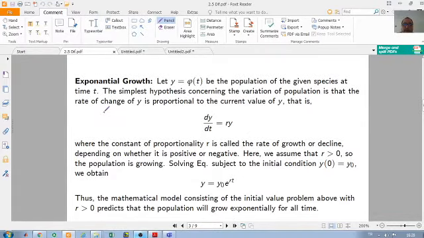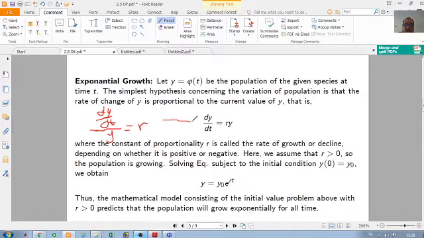In other words, we can write dy over dt, which represents the rate of change of the population at time t, over y is equal to r.